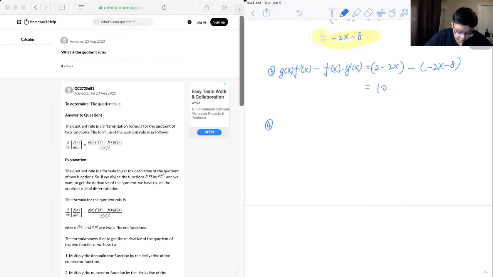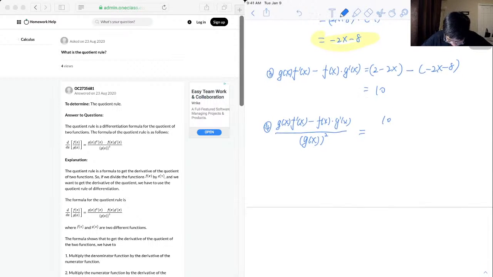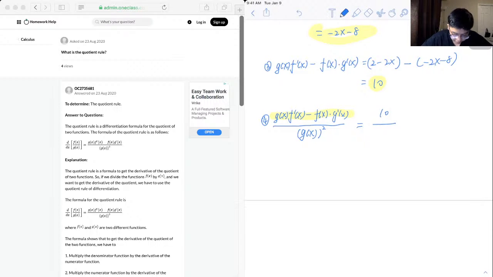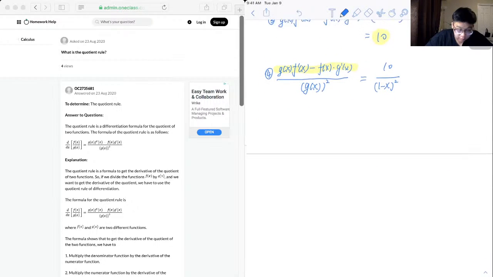So let's copy down the formula first. g(x) times the derivative of f(x) minus f(x) times the derivative of g(x), divided by g(x) to the exponent of 2, which is going to be 10, because this 10 is what we have for the numerator, over g(x) squared, which is going to be (1 minus x) squared.